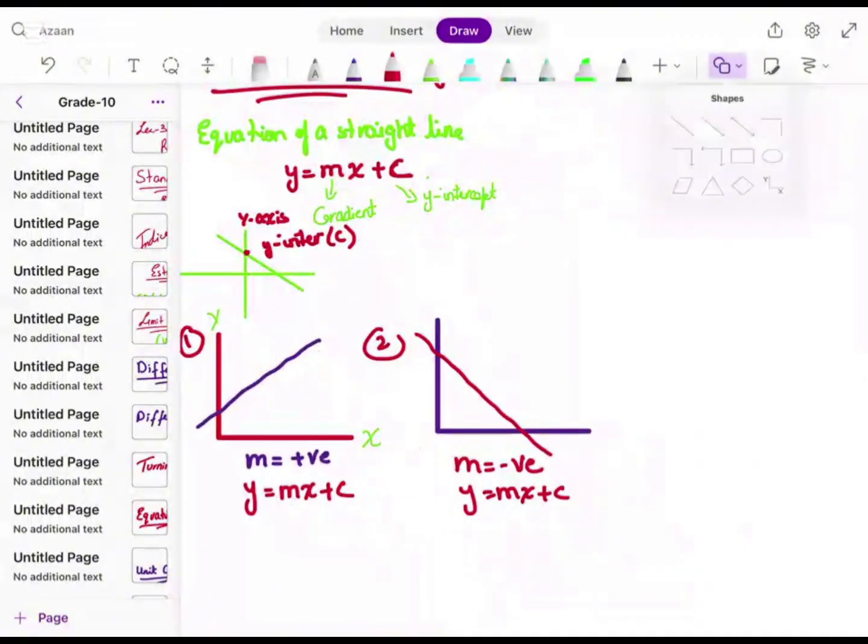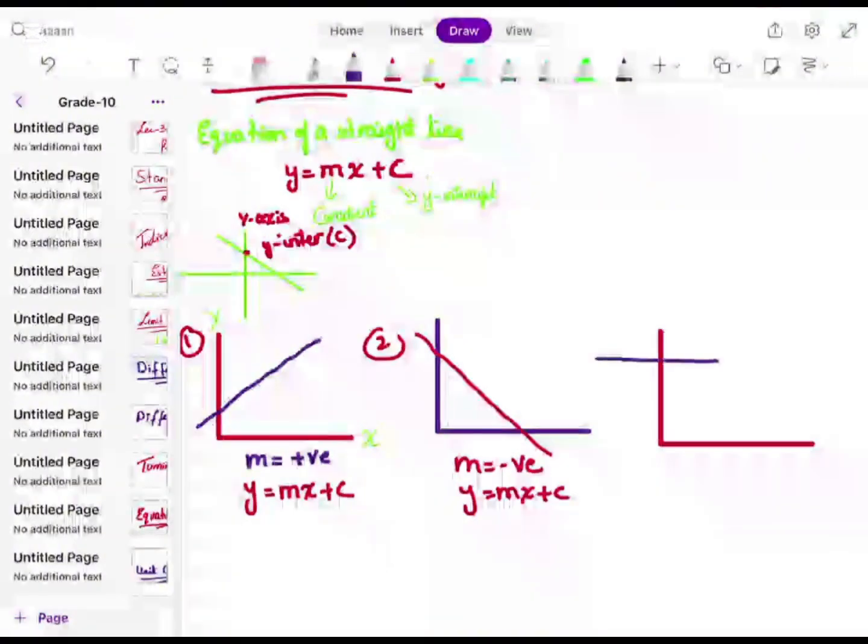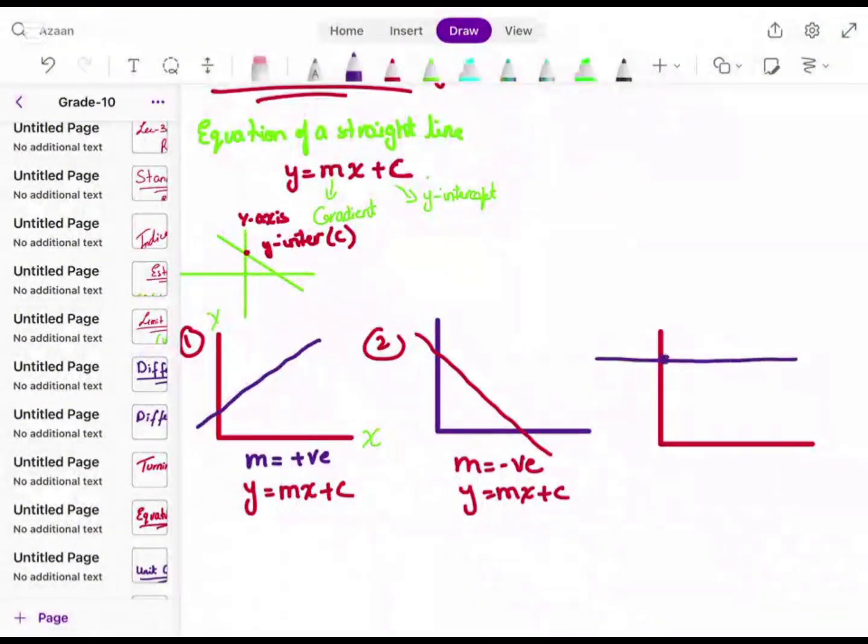Now we have more conditions. For example, the line is like this. This is the c point, which, as I told you, is the y-intercept.